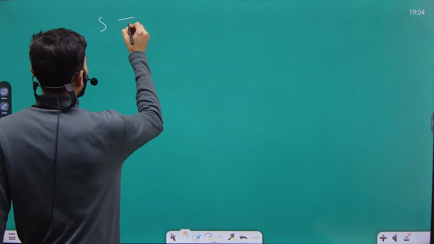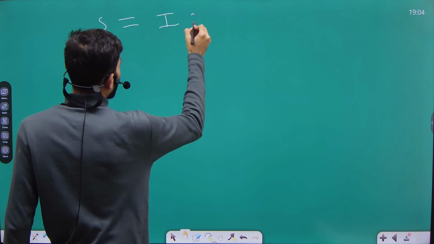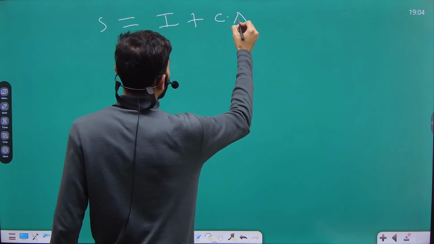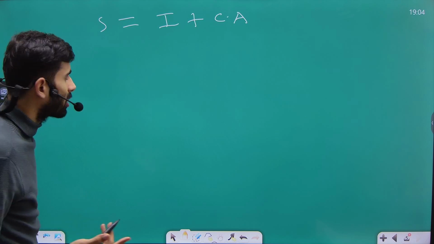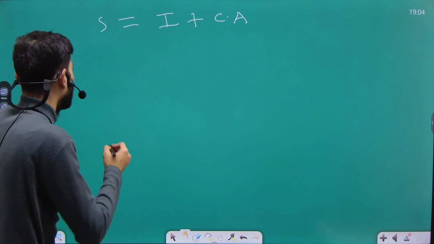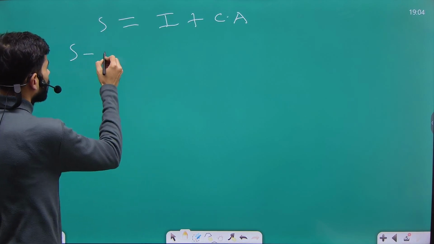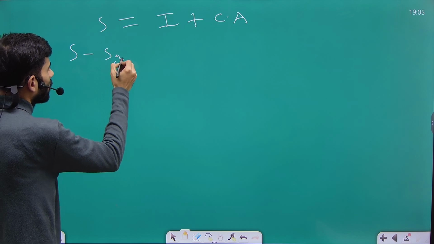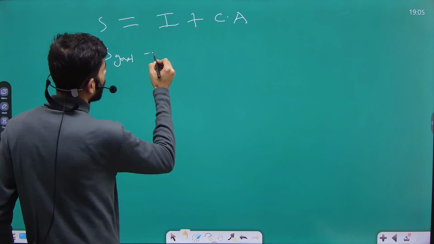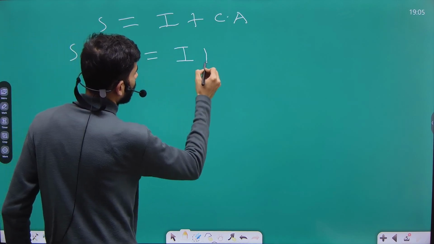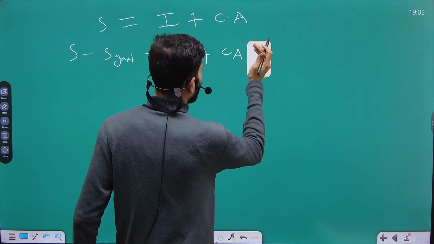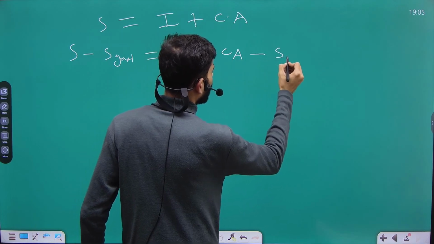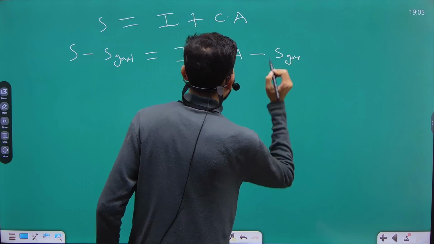So saving is equal to I plus current account CA. If we subtract government savings from both sides, saving minus saving of government is equal to I plus CA minus government savings.